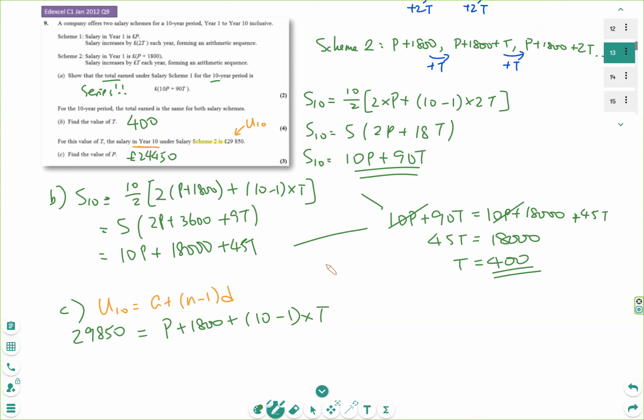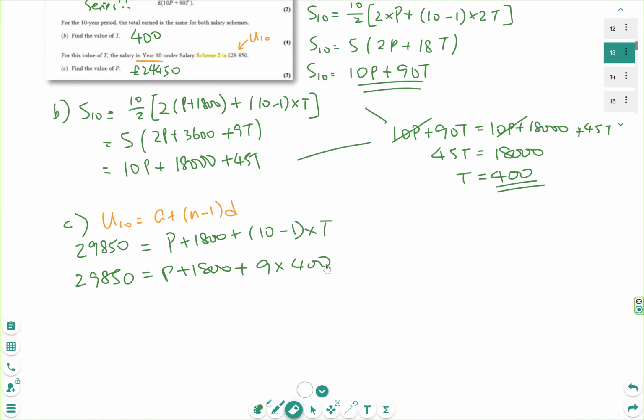The difference is T. So 29,850 equals P plus 1,800 plus 9 times 400. If you put it in a calculator, you take away 1,800 from 29,850 plus 9 times 400. So you subtract everything, make P the subject, and you get P equals 24,450, as the answer suggested.